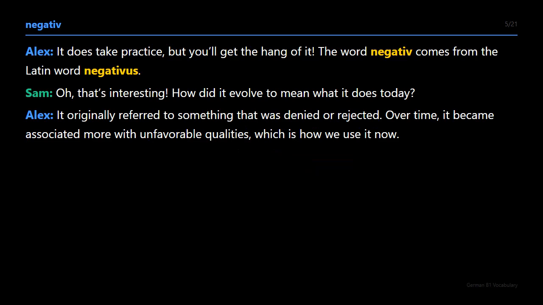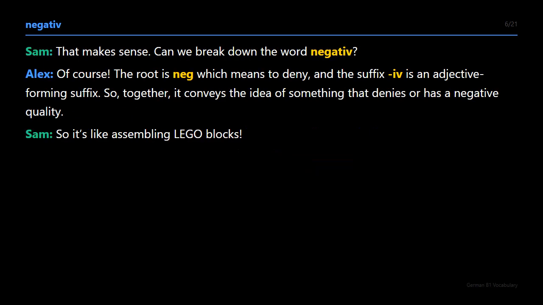That makes sense. Can we break down the word? Of course. The root is neg, which means to deny, and the suffix is an adjective forming suffix. So, together, it conveys the idea of something that denies or has a negative quality.